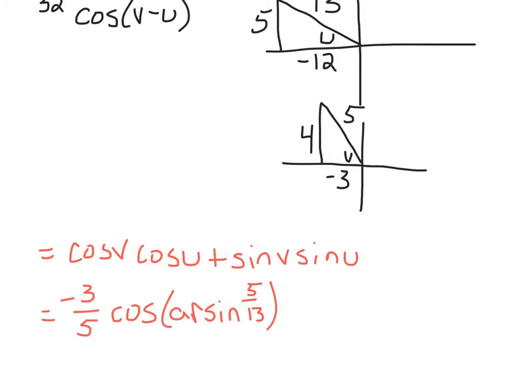And again, we weren't given the sine of v. So I'm going to write it as plus the sine of arc cosine of negative 3/5, and remember, arc is the same as inverse, times the sine of u.